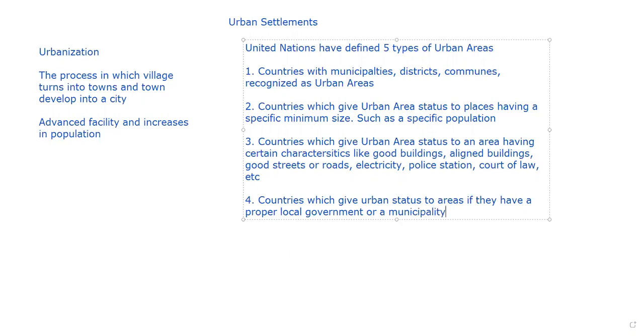So here you can say the difference between type 2 and type 4 is the presence of government.